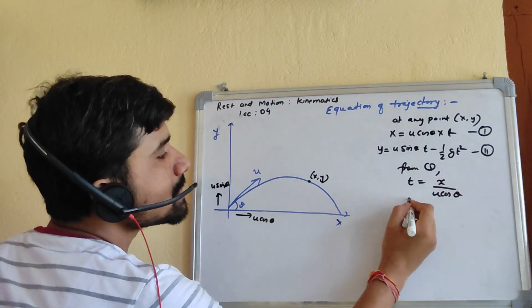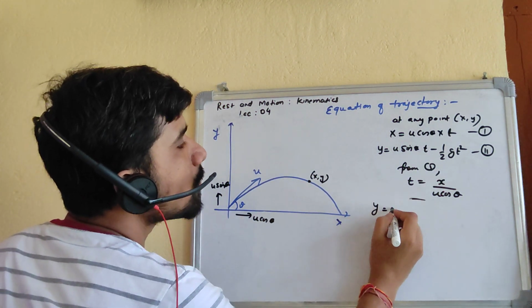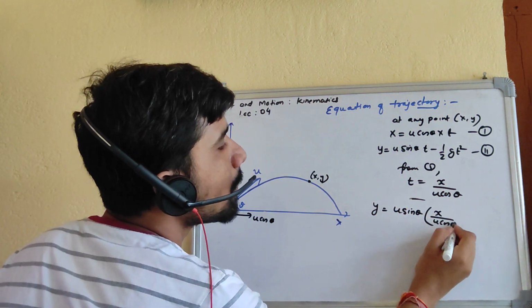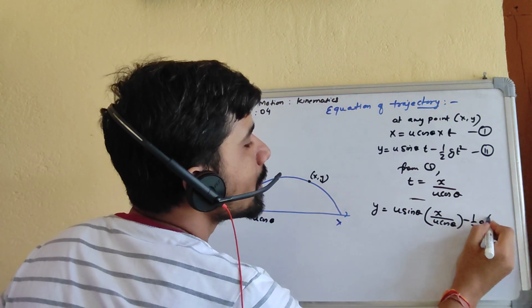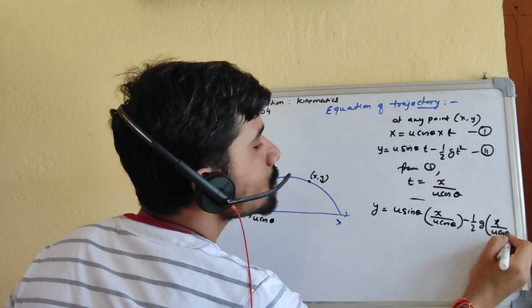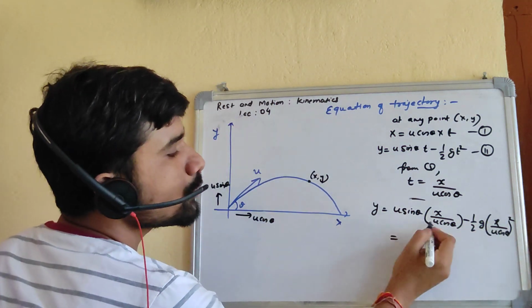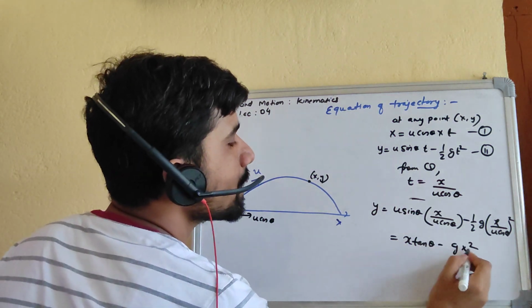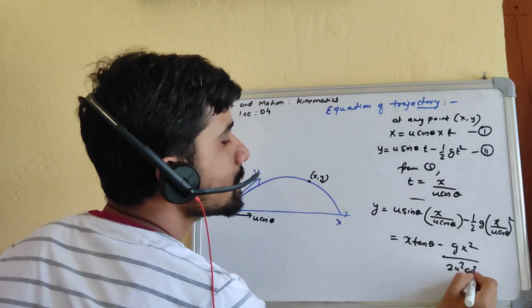Now I'm replacing the time variable everywhere. Putting this t in the second, y becomes u sin theta into x by u cos theta minus half g times x by u cos theta whole square. So u will cancel. This becomes x tan theta, and this becomes g x square by 2u square cos square theta.